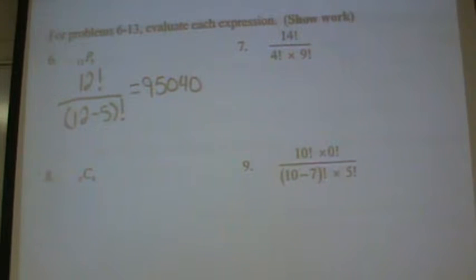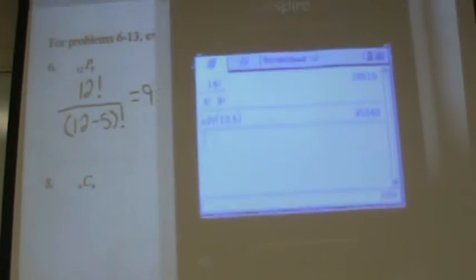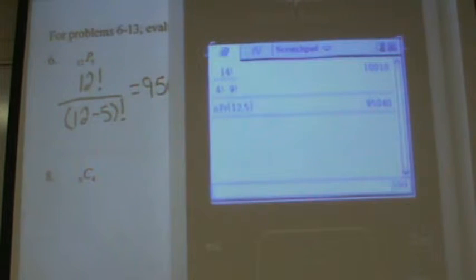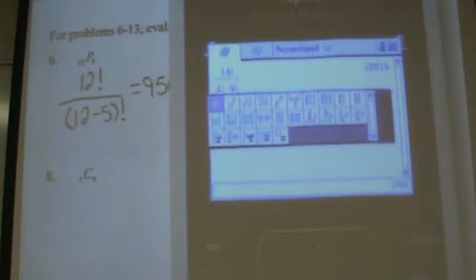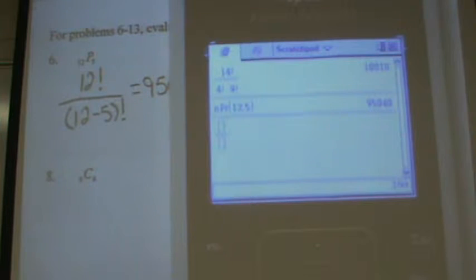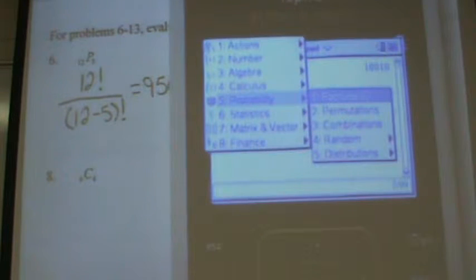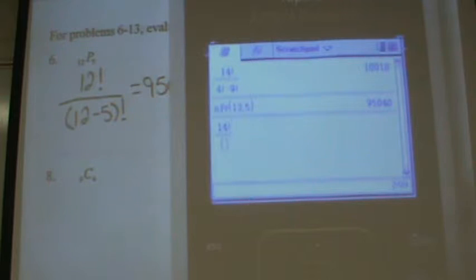Number 7 you can just plug in as is. And if you don't remember how to plug that in, you can use the fraction key, which is right next to the 9. This will come up, you'll hit the fraction, you'll have 14. And then to get the factorial, you're going to go again, menu, probability. Factorial is the first one.